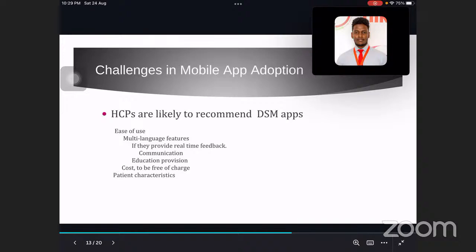Also, if the application provides education to the patient about diabetes in different aspects, it would be more likely to be recommended by their healthcare provider.